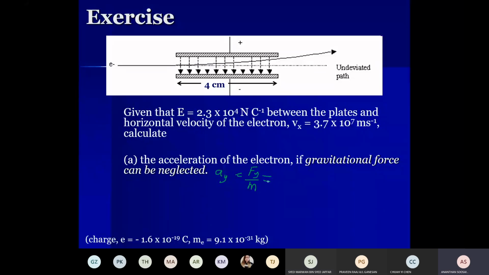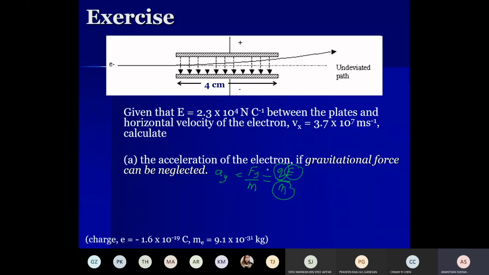But how do you find the force? QE. Q times E is the force, so yes, correct. This is going to give you the acceleration: the charge of the particle times the electric field, divided by the mass of the particle.